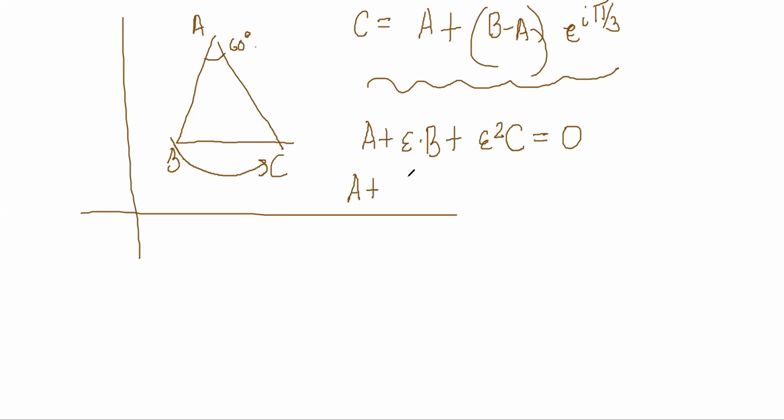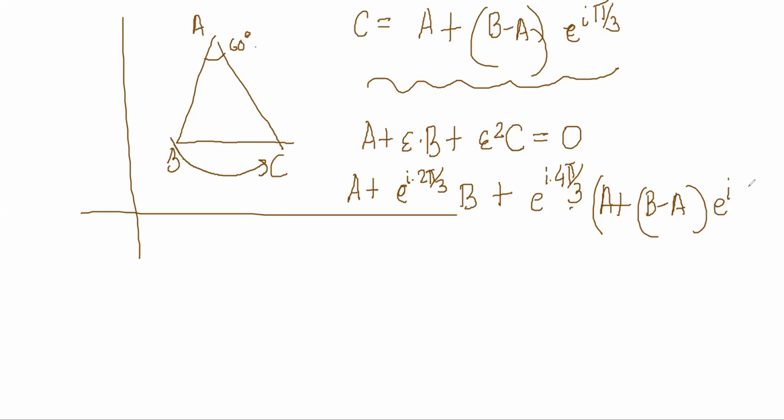So A plus e power i 2 pi by 3 into b plus epsilon square c, that is e power i 4 pi by 3 into c, is a plus b minus a e power i pi by 3.